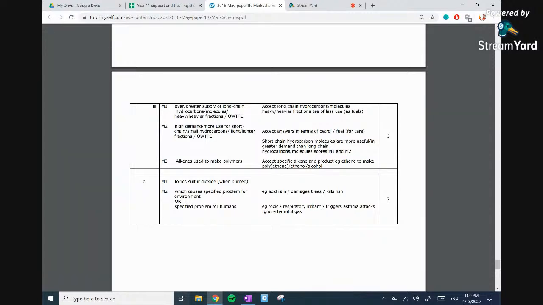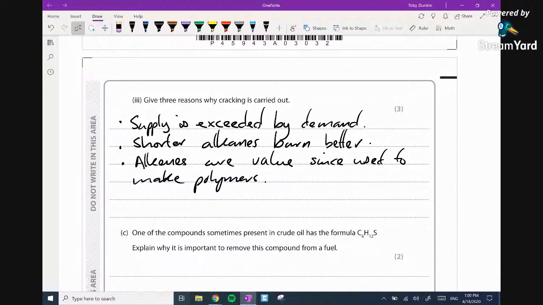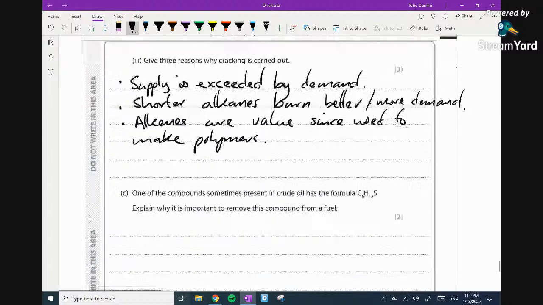Short chains are more useful, lighter, more flammable. More useful, greater demand. Wow, alkenes used to make polymers. Greater demand, more useful. I feel like that's too vague. Burn better. Shorter alkanes, more demand. But then what's the point of the other demand one?